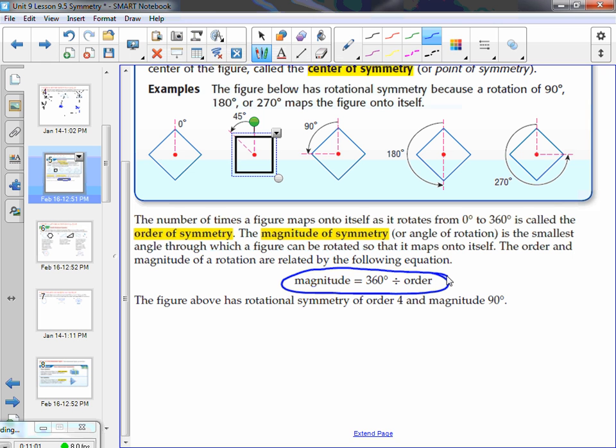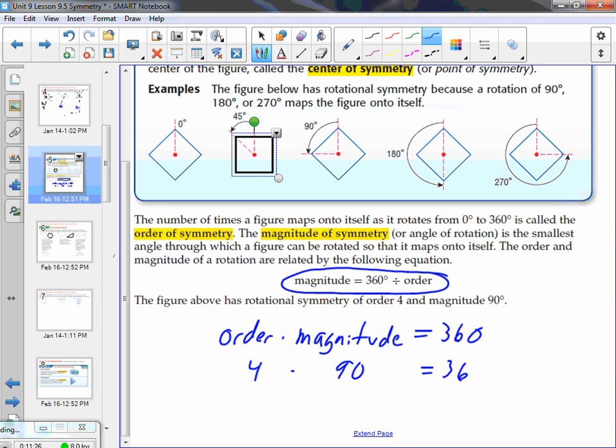Or I like to think of it this way: the order times the magnitude equals 360. So 360 is constant. So if you know the order, you can solve for the magnitude. If you know the magnitude, you can solve for the order. 4 times 90 equals 360. It all works out. Order 4, magnitude 90 equals 360. Make sense?